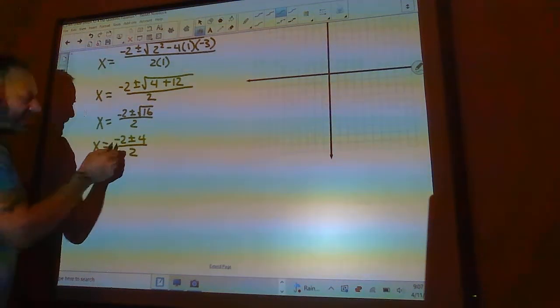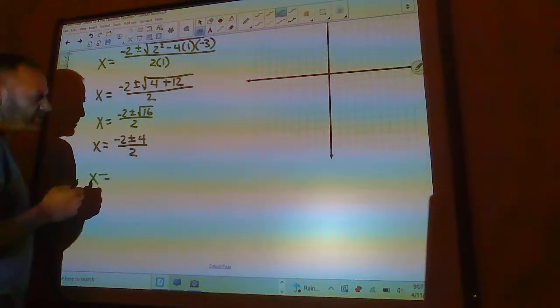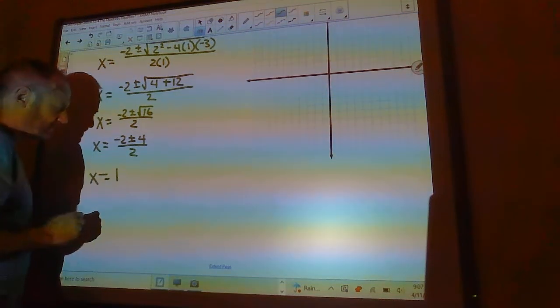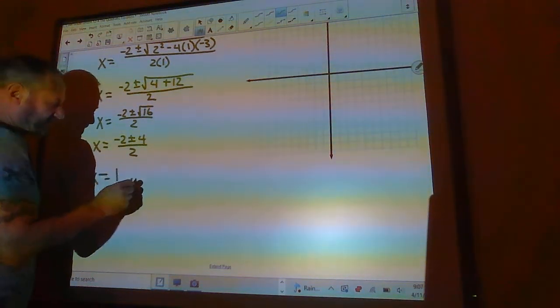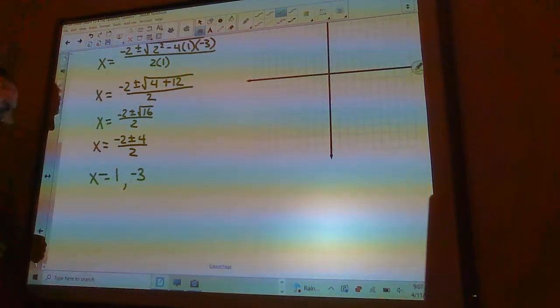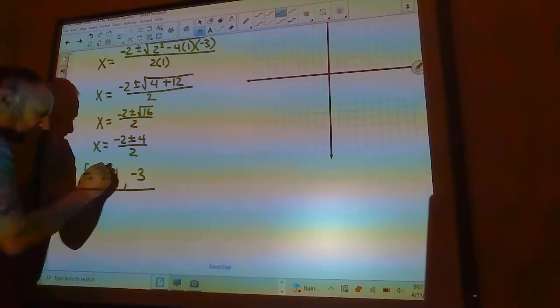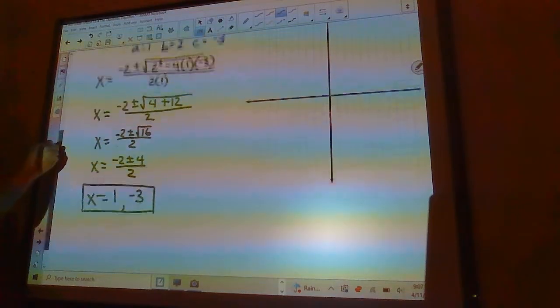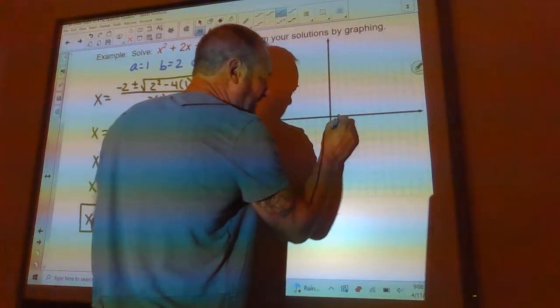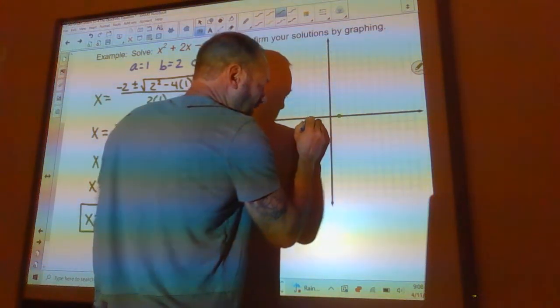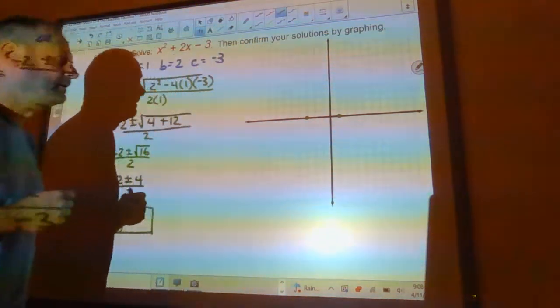Now, if I add the 4, I get negative 2 plus 4 is 2, divided by 2 is 1. And negative 2 minus 4 is negative 6, divided by 2 is negative 3. So there's my 2 solutions, 1 and negative 3. Now, what does that mean? That means that it's going to cross the x-axis of the graph at 1 and negative 3.